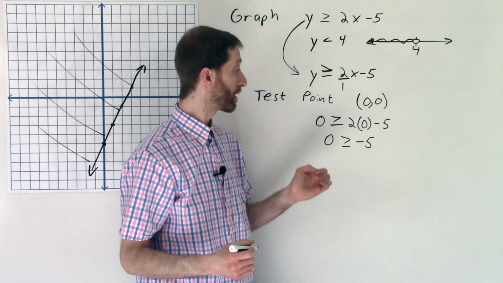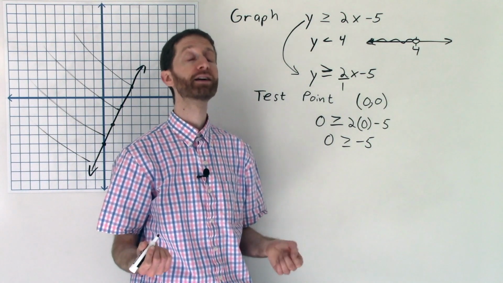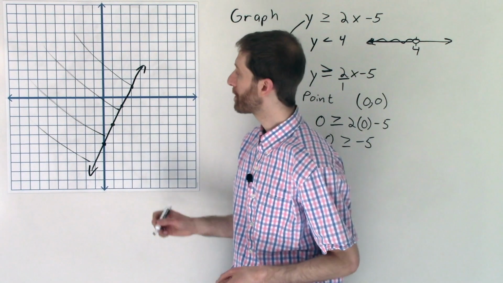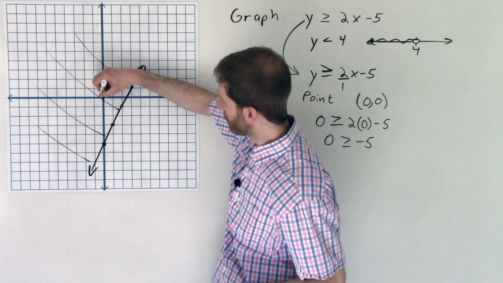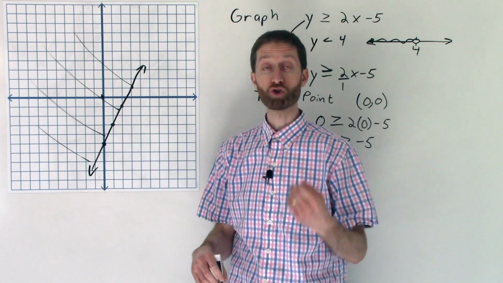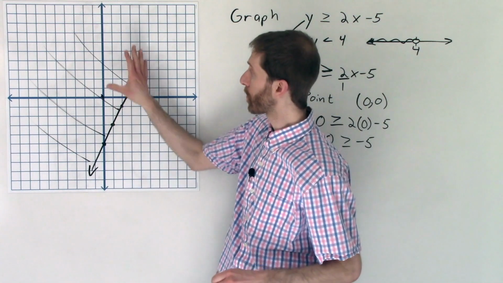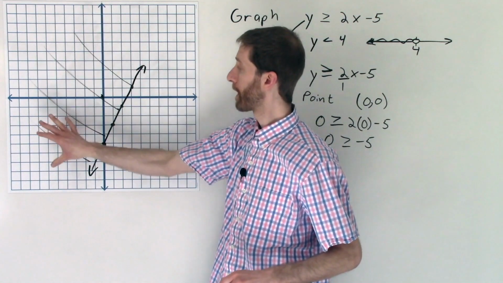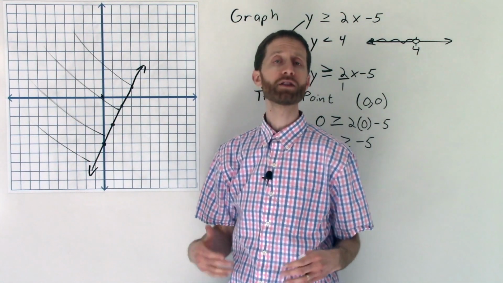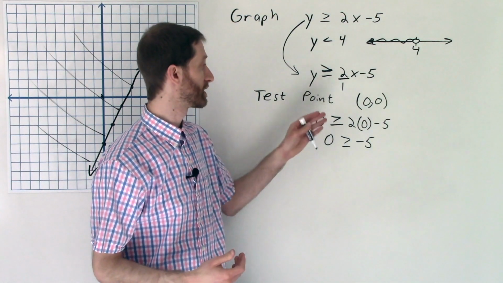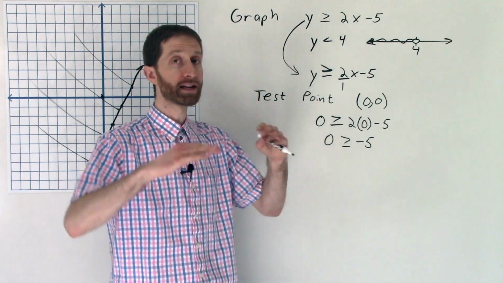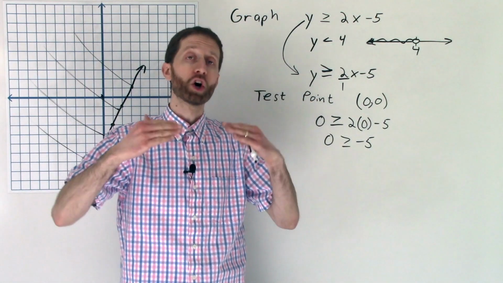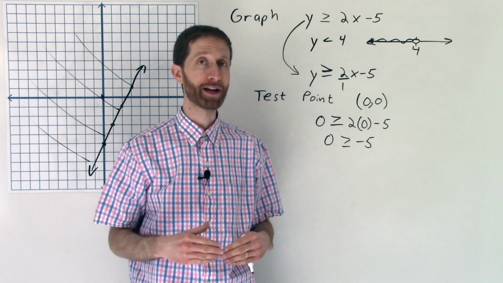Is 0 greater than or equal to negative 5? Yes. So what that means is the point 0, 0 right here is true. It makes the inequality true. So we're going to shade in all of the region that includes 0, 0. Either way you go about shading, whether you use the test point idea or you use the idea of above or below, hopefully that will get you to your correct answer.